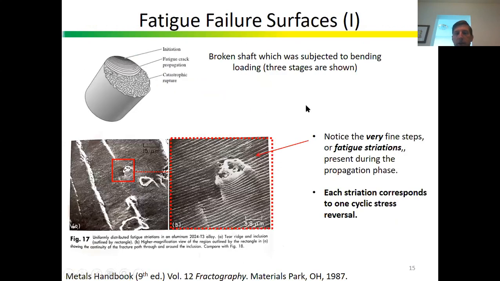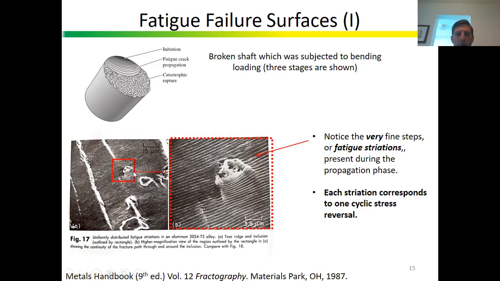Now, let's just spend a few minutes discussing the fatigue failure surfaces. If we take a shaft and we bend it, it has basically completely reversed cyclic loading. A crack is going to start to nucleate or initiate near the surface and then progress inwardly into the part and then finally fail. And what we see here is, if we take our surface and put it in a very powerful microscope, often you have to use something called a scanning electron microscope, you need really high powered magnification.